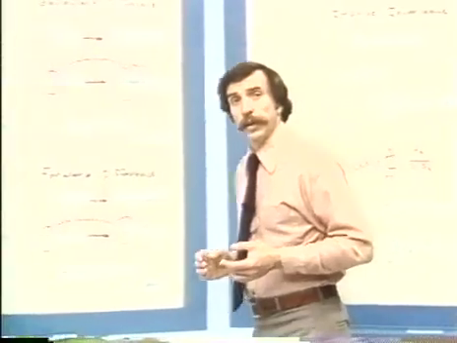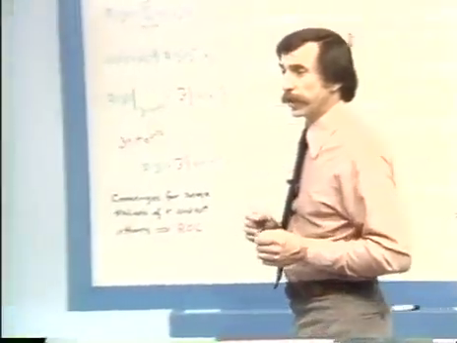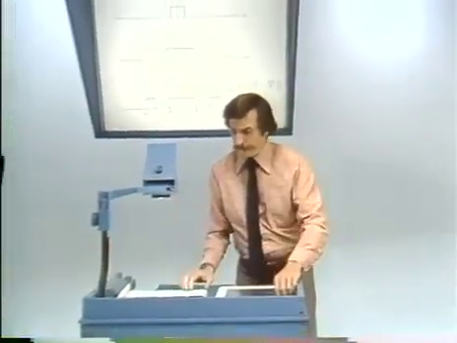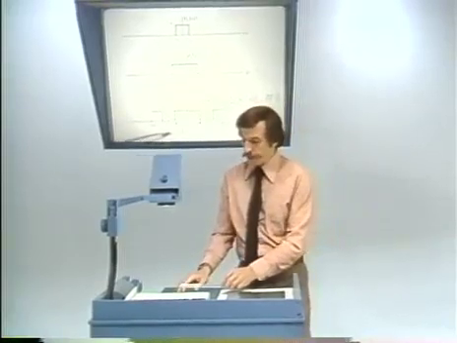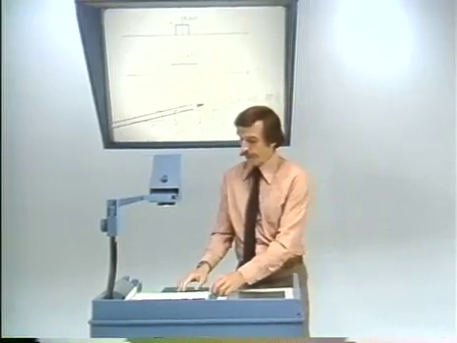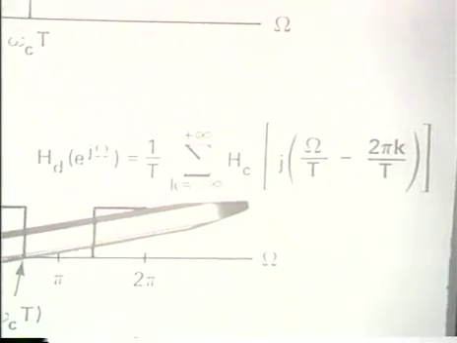Okay, well, let's look at how we interpret some of this in the frequency domain. And in particular, we have the expression that tells us how the discrete time frequency response is related to the continuous time frequency response.